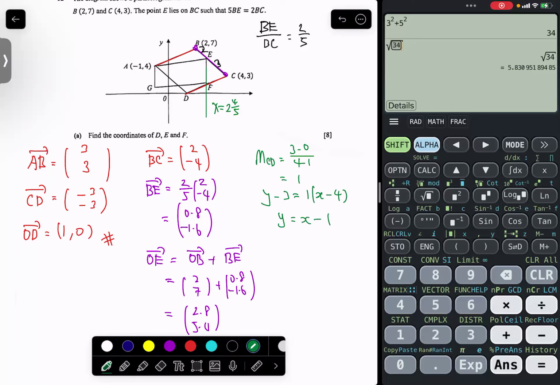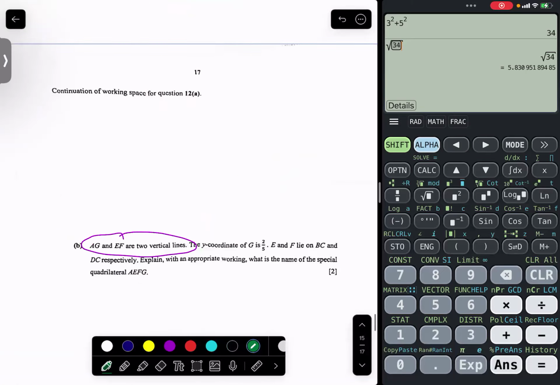So when x equals 2 whole 4 fifths, y equals 2 whole 4 fifths minus 1, which is 1 whole 4 fifths. So the coordinates of F are 2 whole 4 fifths, 1 whole 4 fifths.